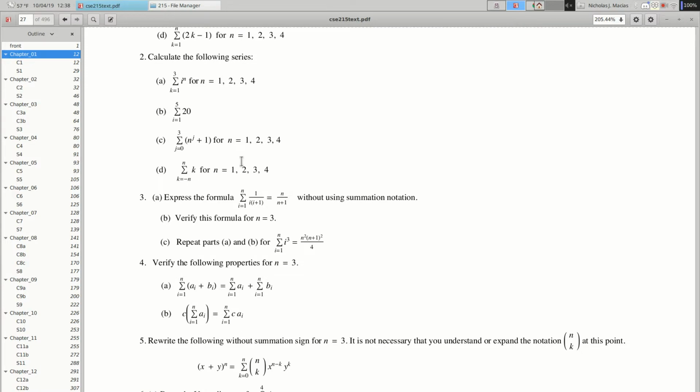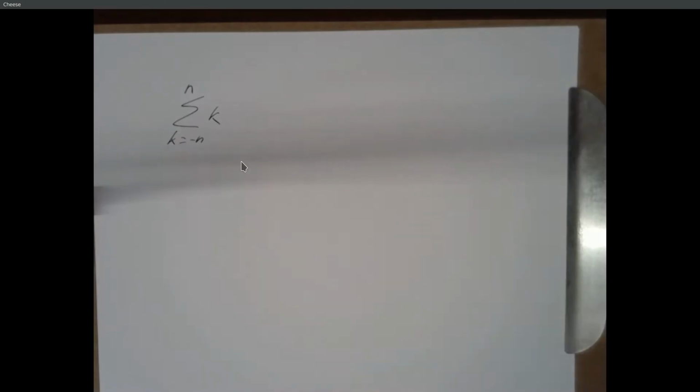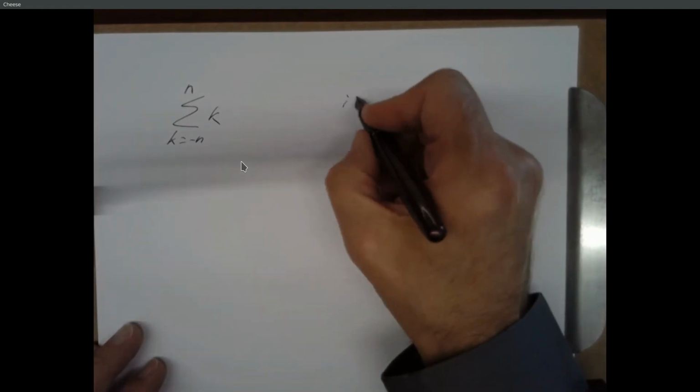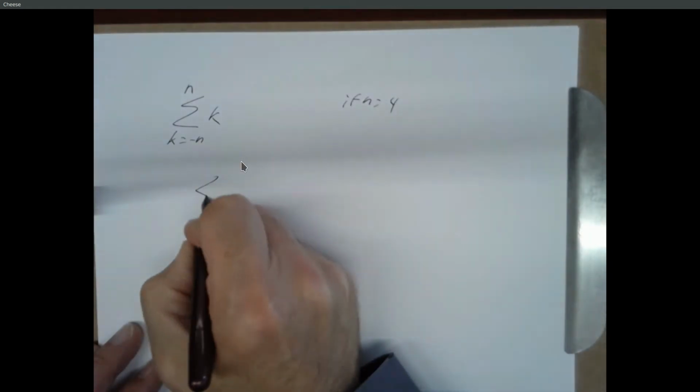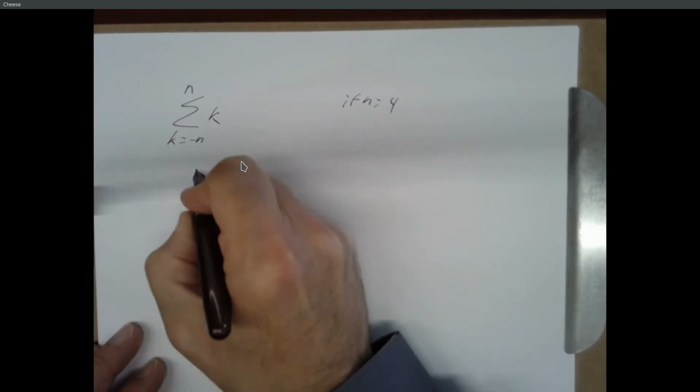And then sum from k equals minus n to n of k, and that's just a straightforward sum, but with perhaps an interesting result. So if n equals 4, that's the sum from k equals minus 4 to 4 of k.